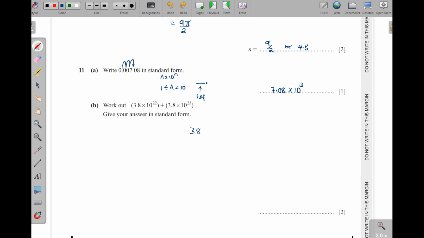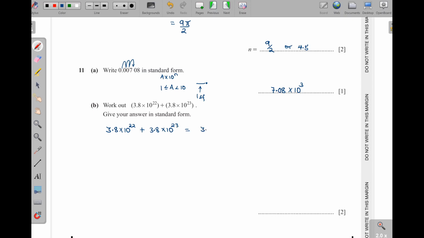So what you do, you either express this one in terms of times 10 to power 23, just like this one, or times 10 to power 22. But I recommend using the bigger one, that is 10 to power 23. So 3.8 times 10 to power 22, then plus 3.8 times 10 to power 23.